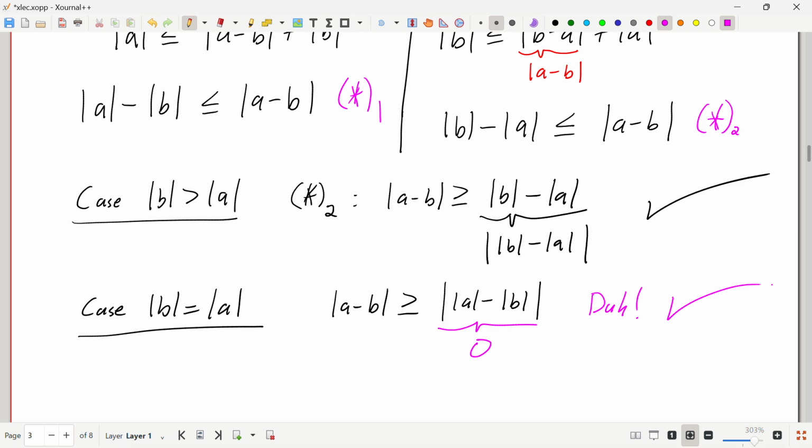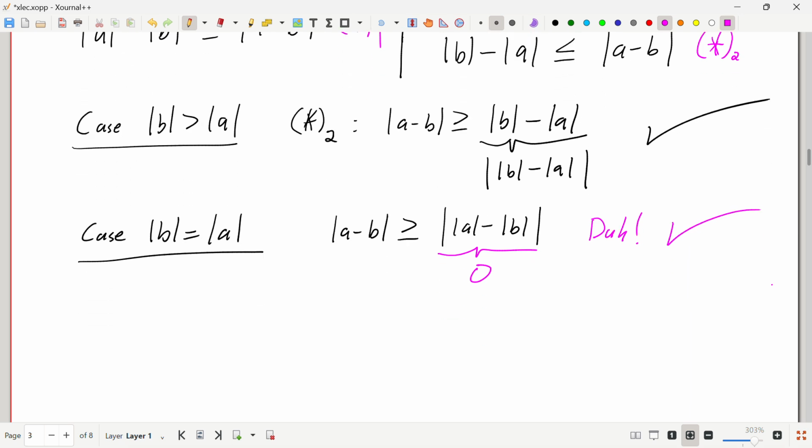That's the dumb case. And finally, the last case would be case A. I guess I want to make them look mutually exclusive, which they are. Then it would be B less than A, and then I'd use star 1.